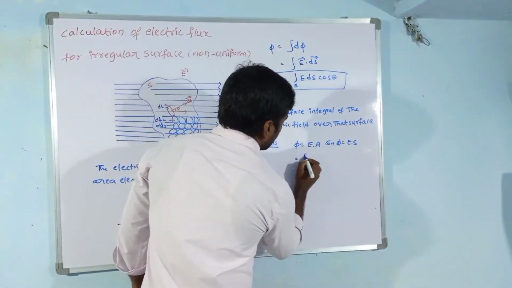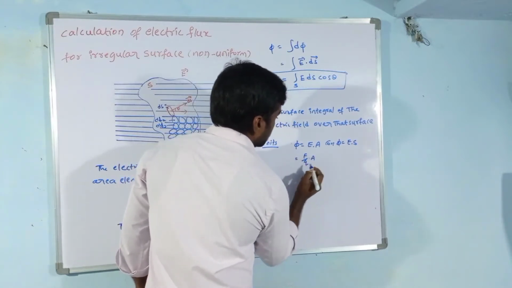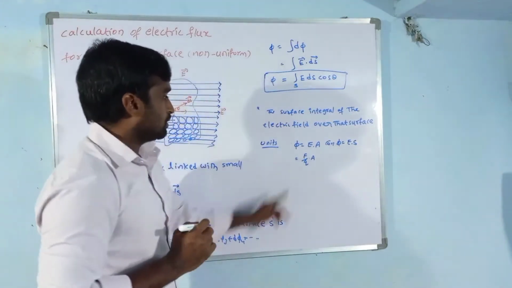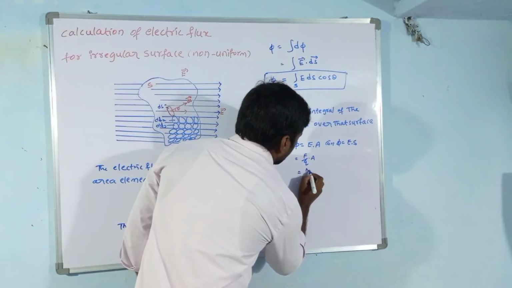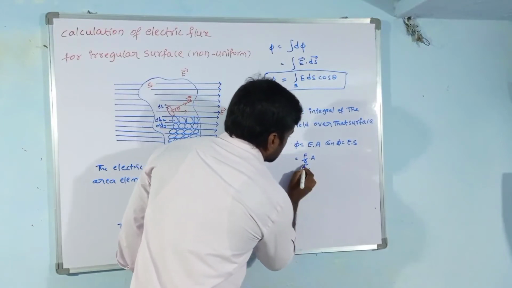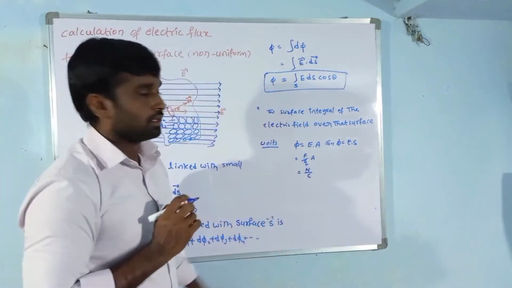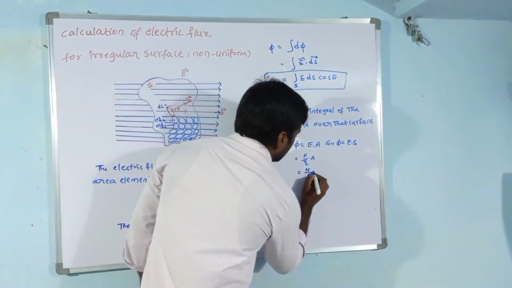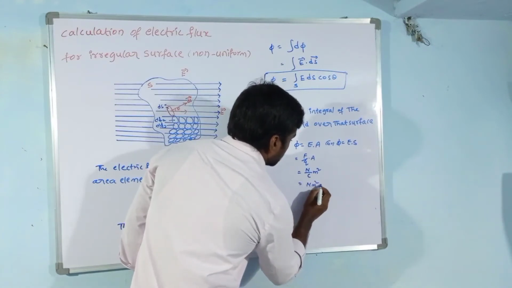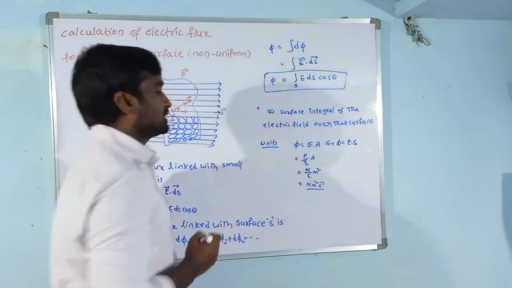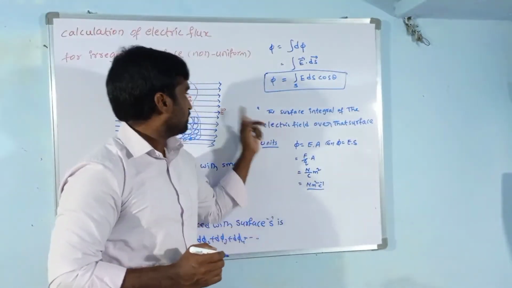Electric field is F upon Q. The unit of force is Newton, the unit of charge is Coulomb, and the unit of area is meter square. So the unit of electric flux is Newton meter square Coulomb inverse.